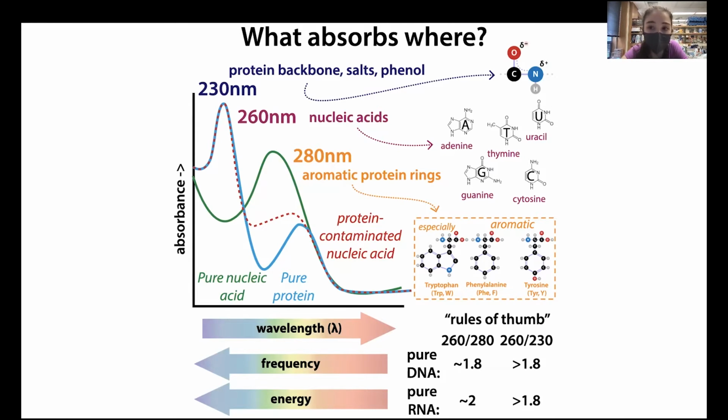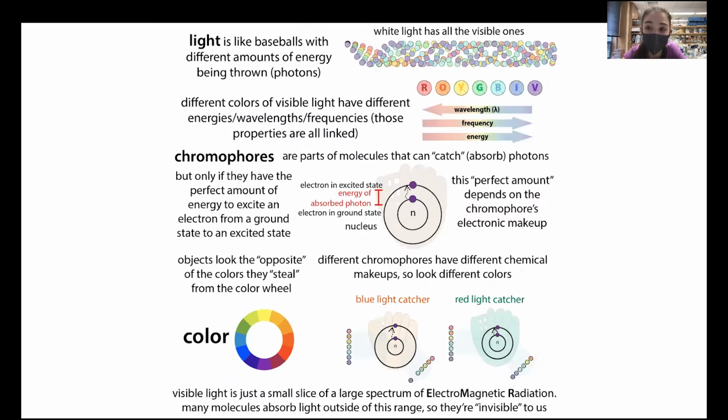Okay, so we found the stealers. So remember, we have our light, we have our chromophores, the parts of that molecule that will absorb light. You can think of DNA as having lots of chromophores all over it. And so if we think about that, we have our catchers.